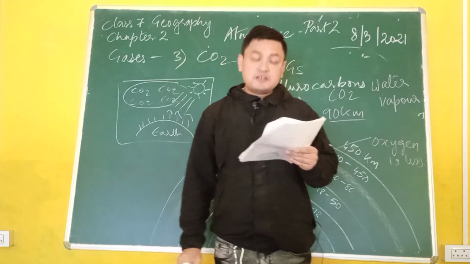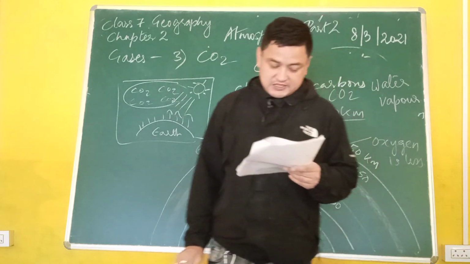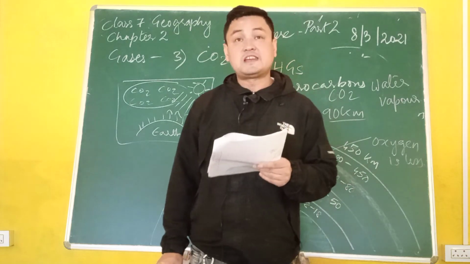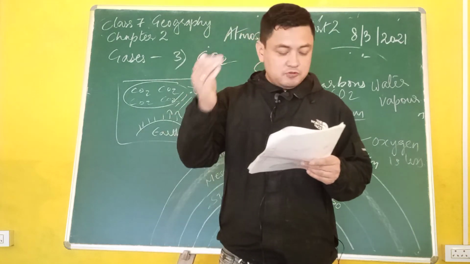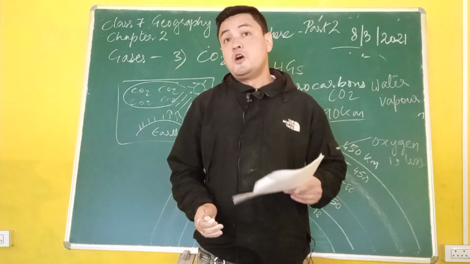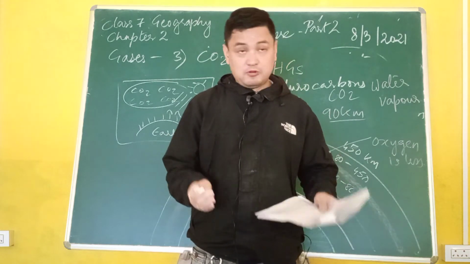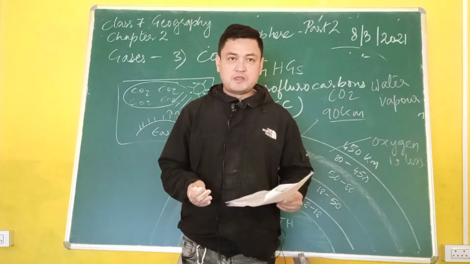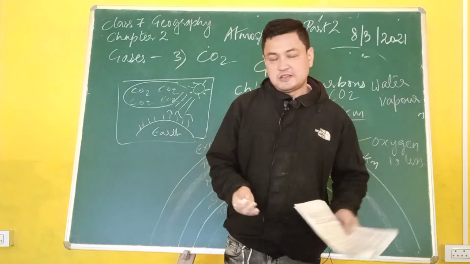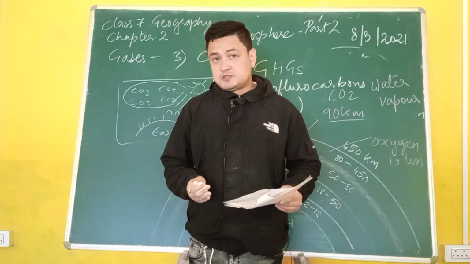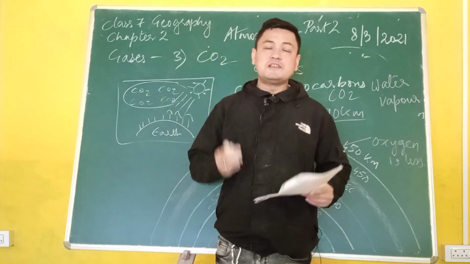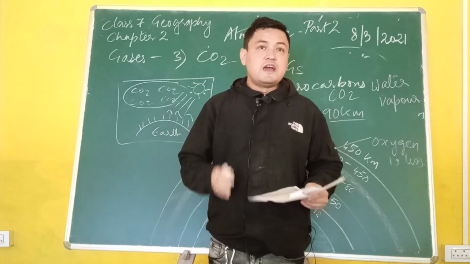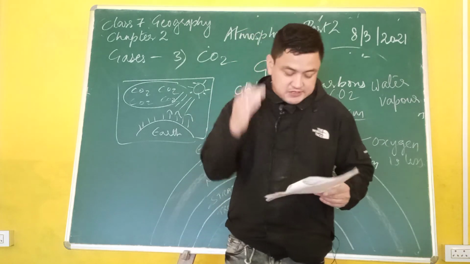It is largely responsible for the greenhouse effect. The volume of other gases is constant, but the volume of carbon dioxide has been rising in the past few decades, mainly because of the burning of fossil fuels. Fossil fuels are petroleum, charcoal, coal, even diesel, even kerosene. Once used, they are gone forever, and burning them emits harmful greenhouse gases.